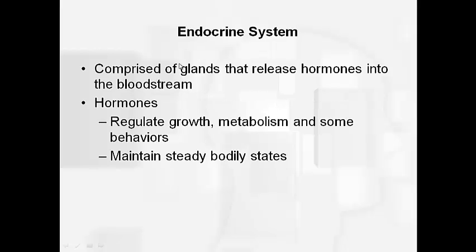The endocrine system is comprised of glands that release these hormones into the bloodstream. These hormones regulate growth, metabolism, some behavior like aggression, for example, sexual behavior, and they also involve this endocrine system in maintaining a steady bodily state, which is called homeostatic regulation.